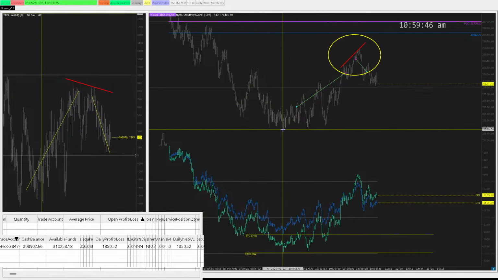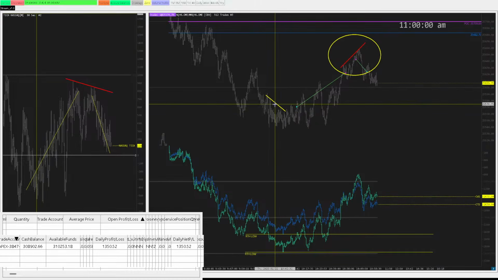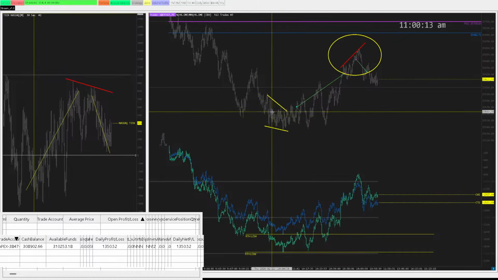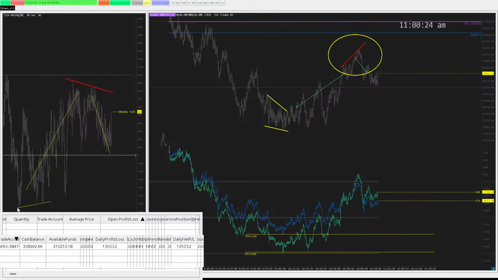And if you'll notice too, as I move my crosshair right here, in this space right here, the NQ is still oriented downward, but the Nasdaq, it's kind of like a hidden divergence kind of thing, but it's there.